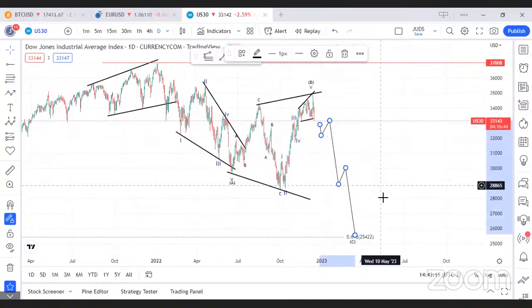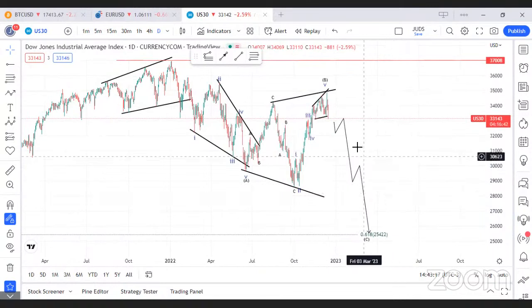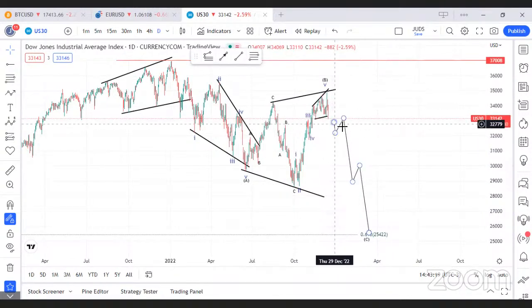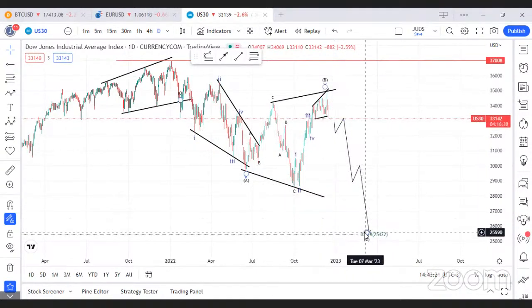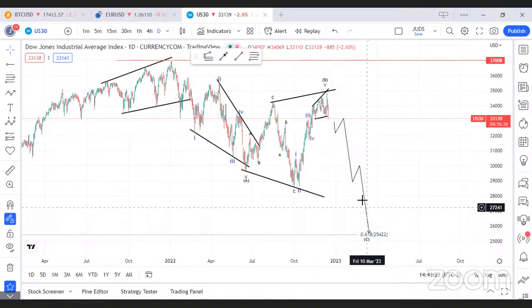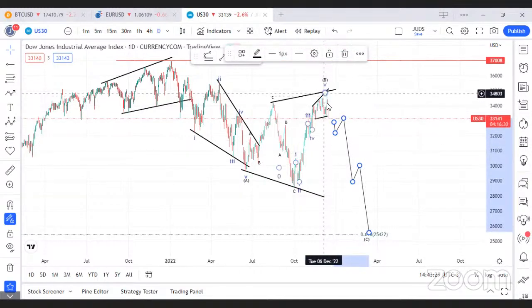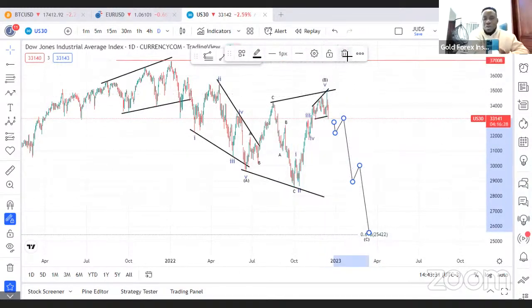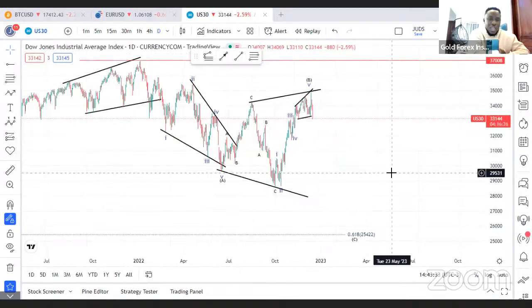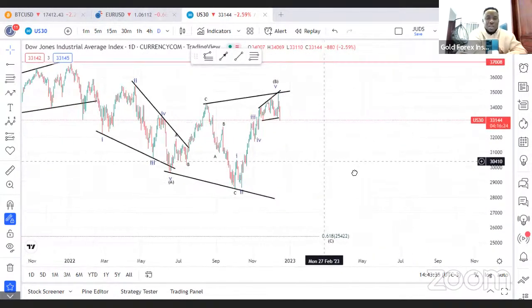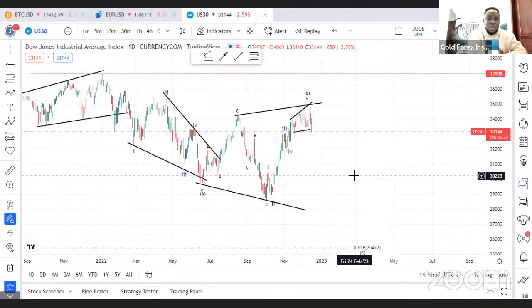So the final leg of the correction, we can have a 5-wave move straight. I think it's going for more of a straight move, because we had a leading diagonal, so I don't expect it to form an ending diagonal, but we can have some alternations.